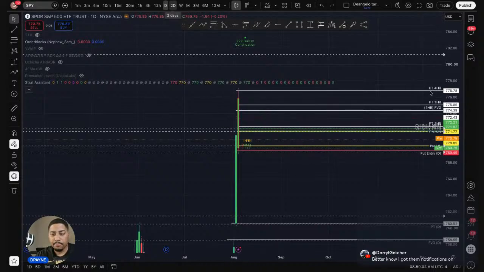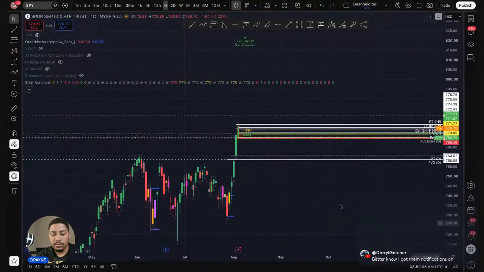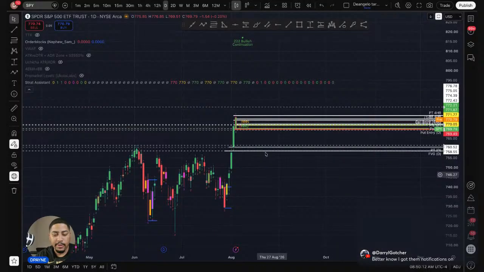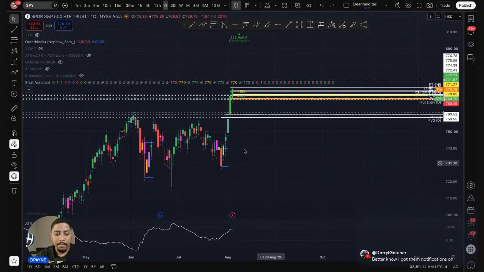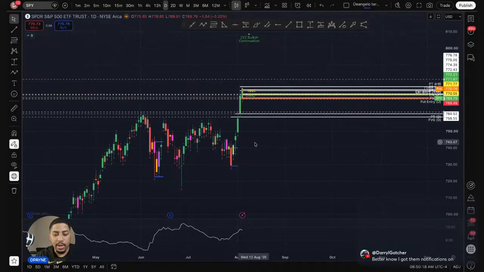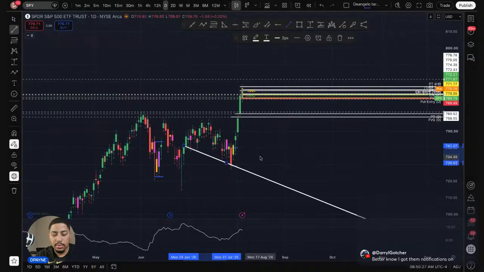And they've definitely hit exhaustion risk. So you had, let's draw this one out. You had this broadening formation right here, and they definitely hit this. So you had a lower low. Boom.